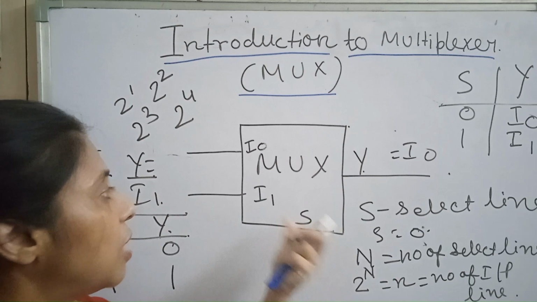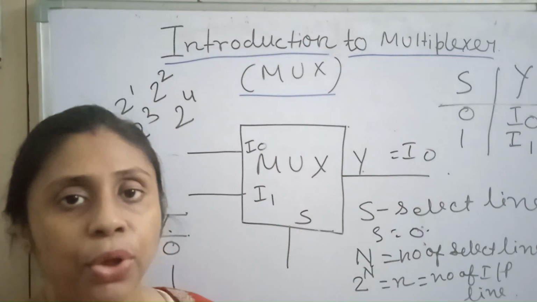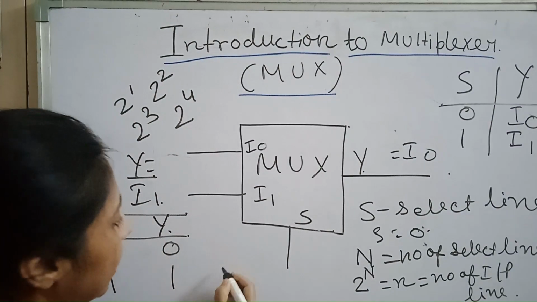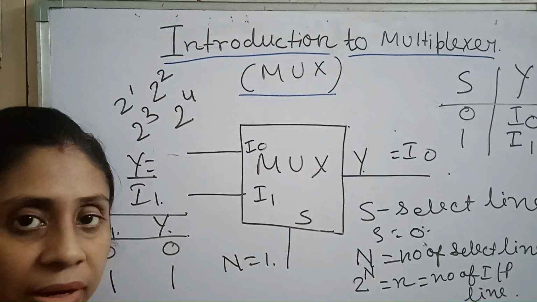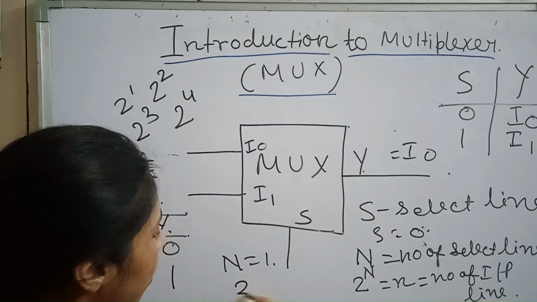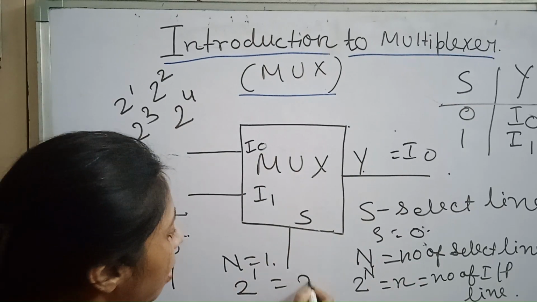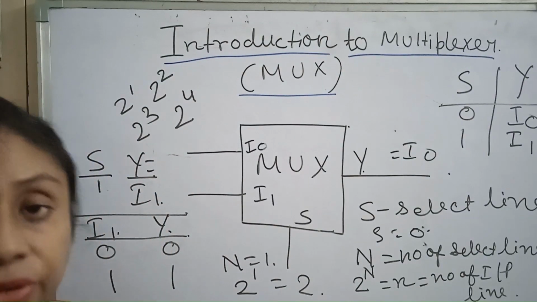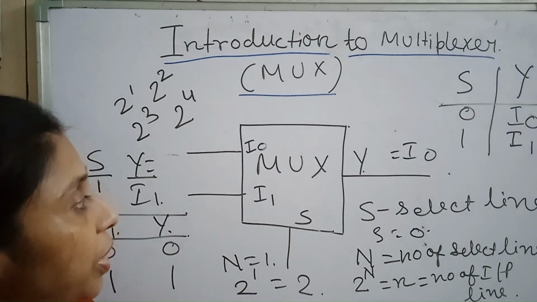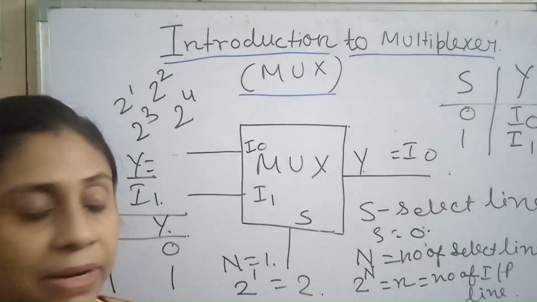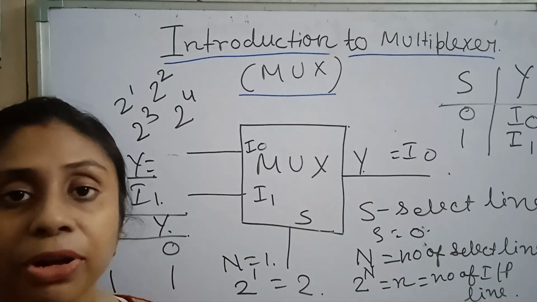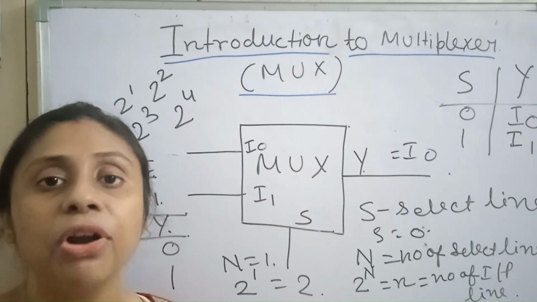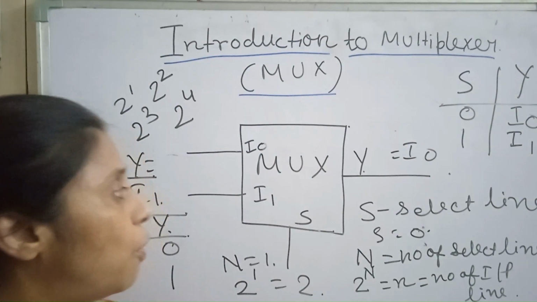Right? So in case of a 2:1 multiplexer, we need just one select line, because in that case capital N is equal to 1. So what will be the number of input lines? That is 2 to the power of 1, that is 2. Now suppose we do a 4:1 multiplexer, what should be the number of select lines?